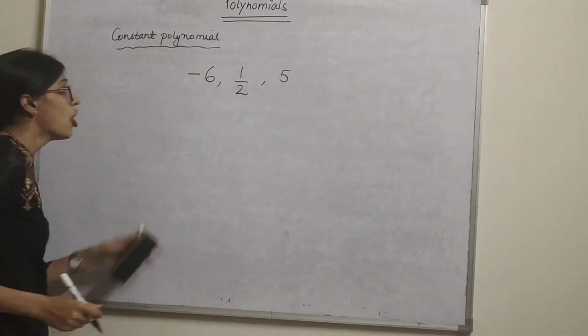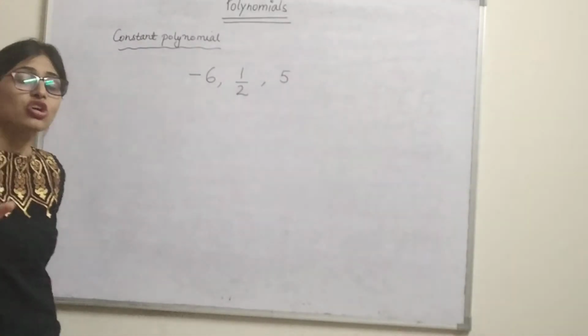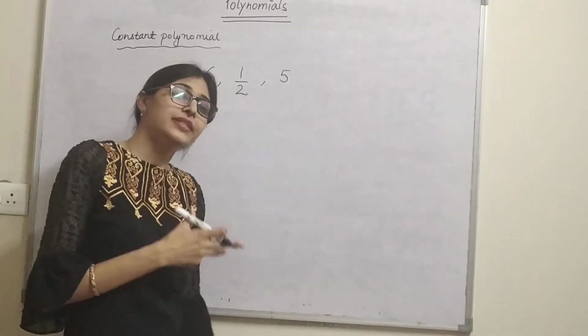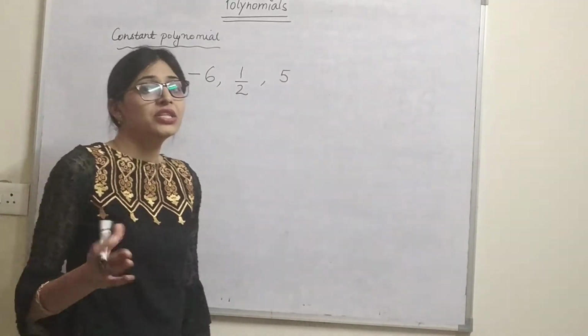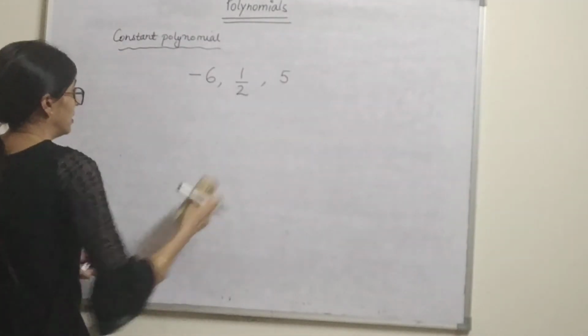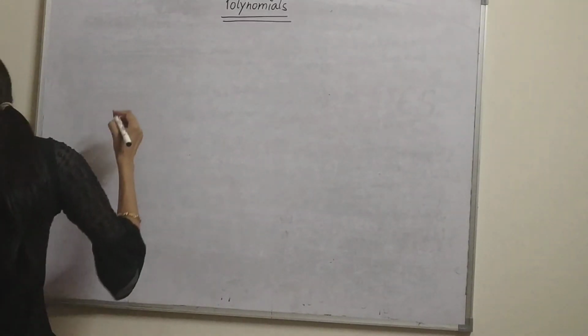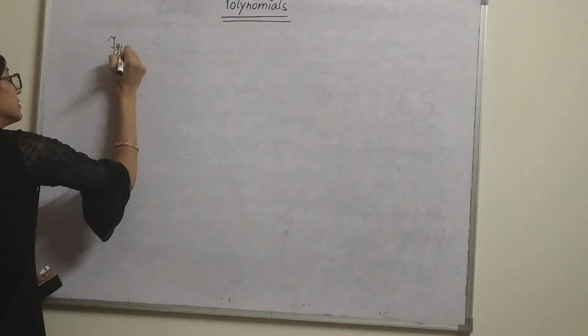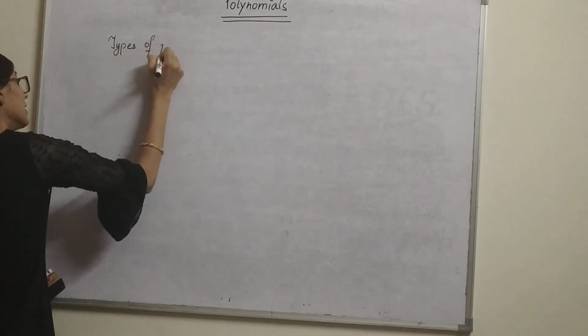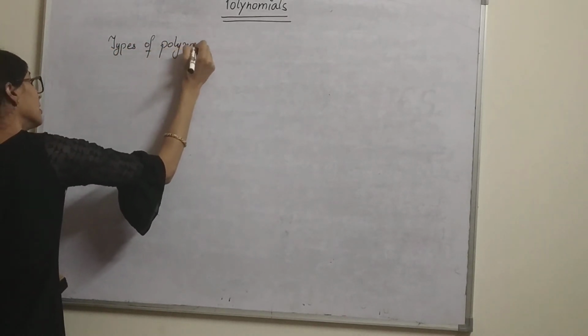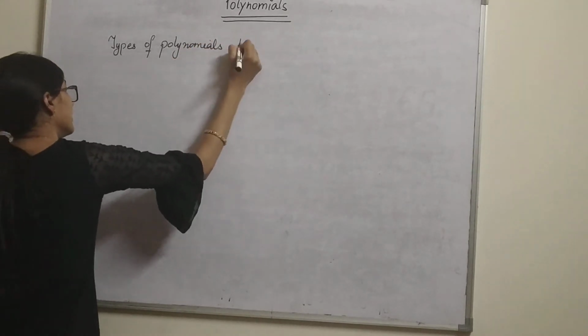All these are called constant polynomials because only the constant value is there and there will be no variable. Next, types of polynomials based on degree.